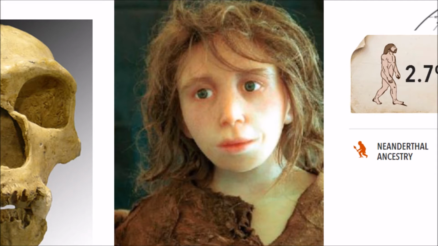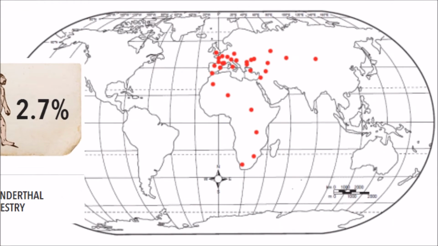And it turns out, actually, what really happened was, if you look at the distribution of Neanderthal sites, most of them are European. And so what actually happened was that they interbred with Europeans. So Neanderthals didn't go extinct at all. They lost their distinctiveness.